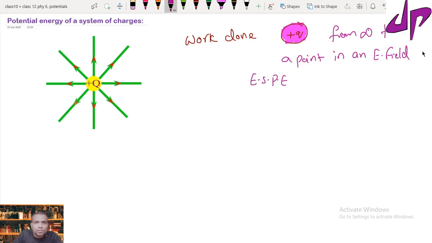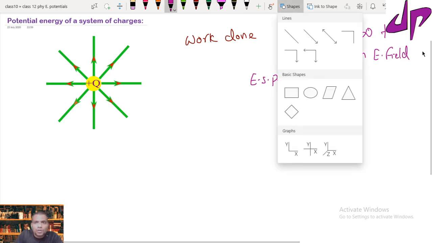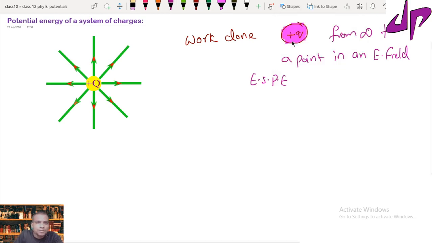Suppose I would like to find the electrostatic potential energy at a point P within the electric field. This point P is at a distance of capital R from the origin.